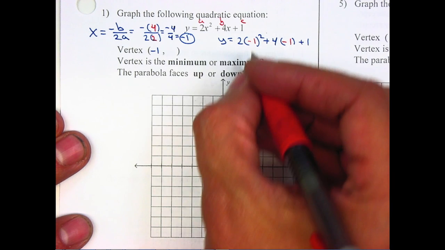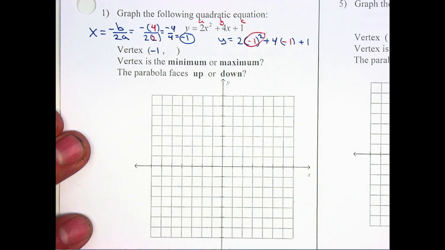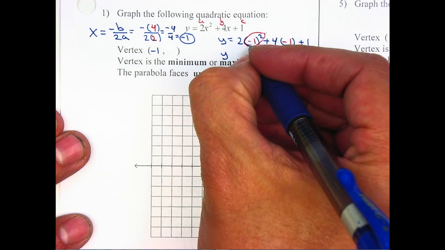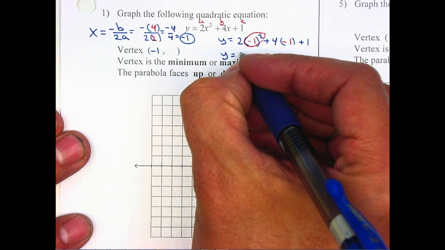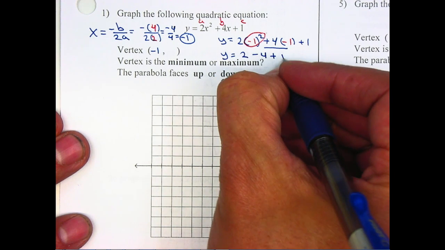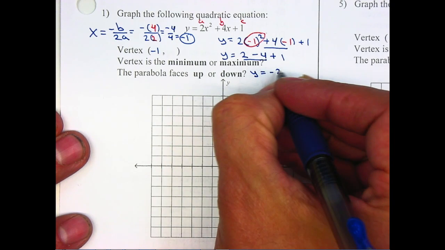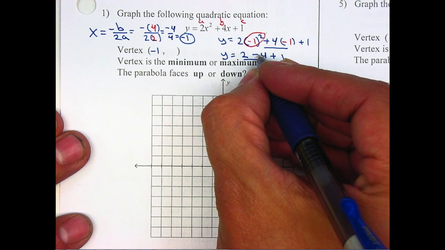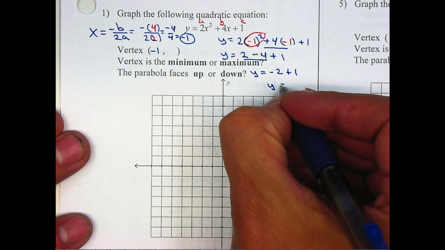Remember, to do order of operations, we need to do the exponent first. Negative 1 squared is 1, and then you multiply by 2, gives you 2. That gives you negative 4 plus 1. 2 minus 4 is negative 2 plus 1. Y is equal to negative 1.